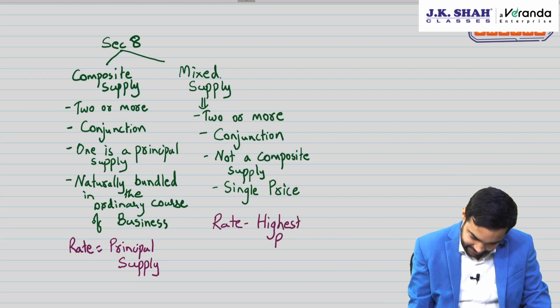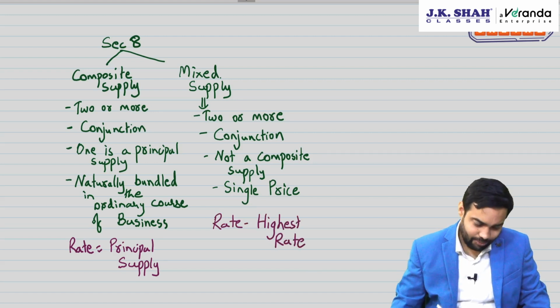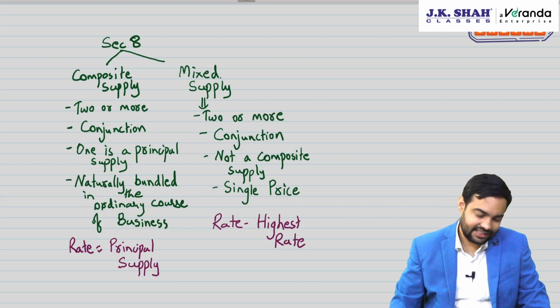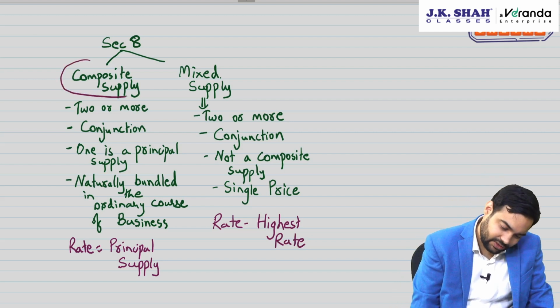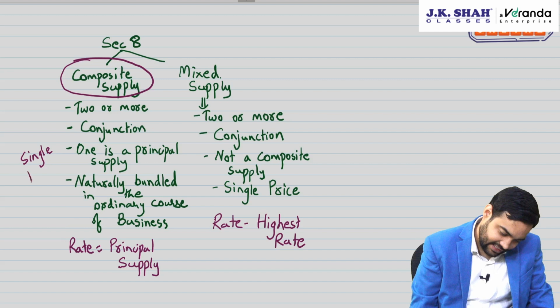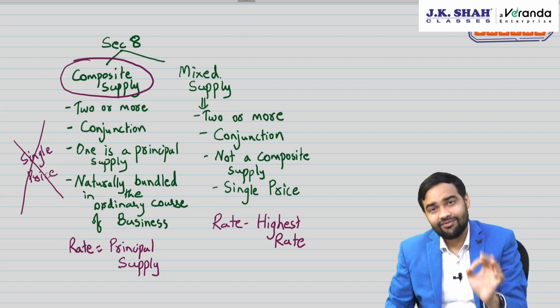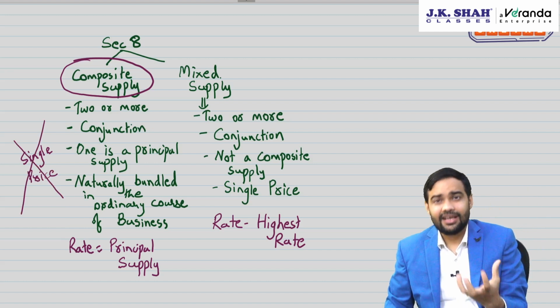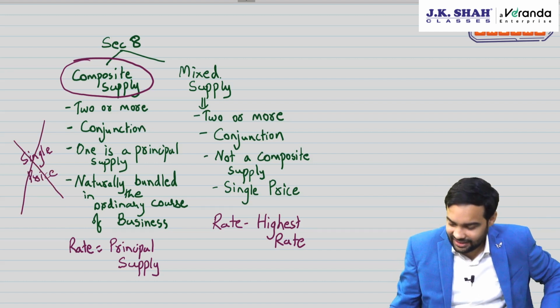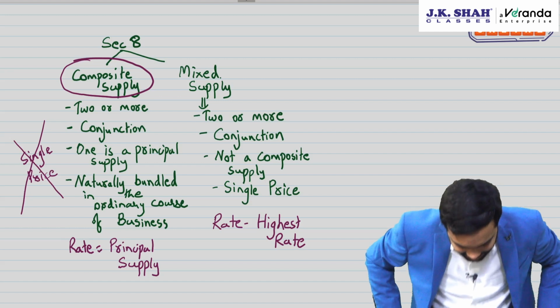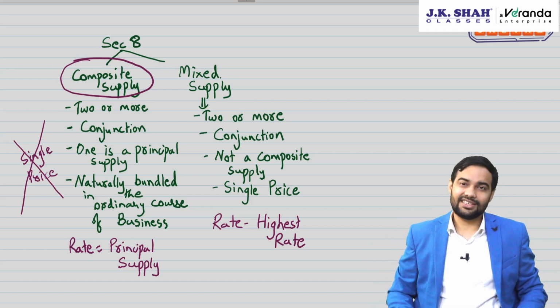One very important aspect is that when you talk about composite supply, there is no condition of single price. That means in composite supply, even if there is different pricing but it is naturally bundled, then in that case it still can be regarded as a composite supply.